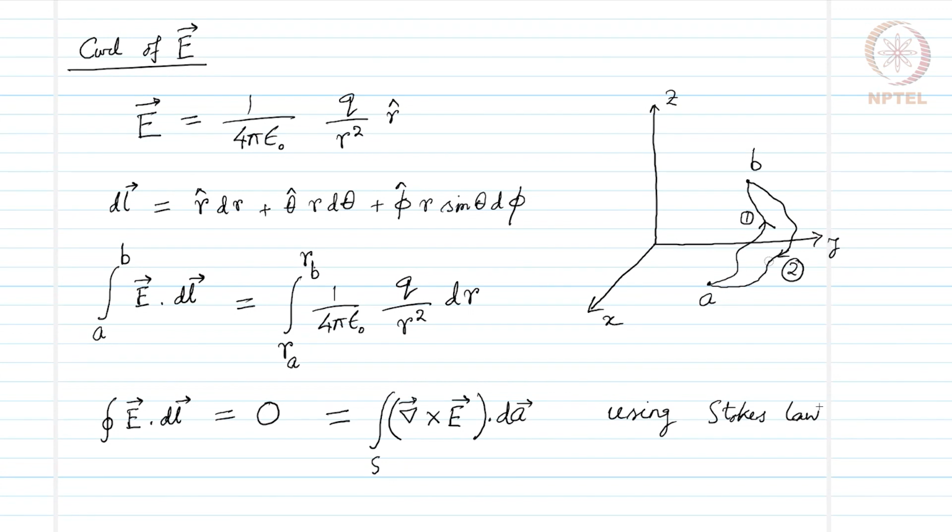Now, if this equation has to be true for any arbitrary line and surface segments, then we must have curl of the electric field going to 0. There is no other way of this expression being valid in general.